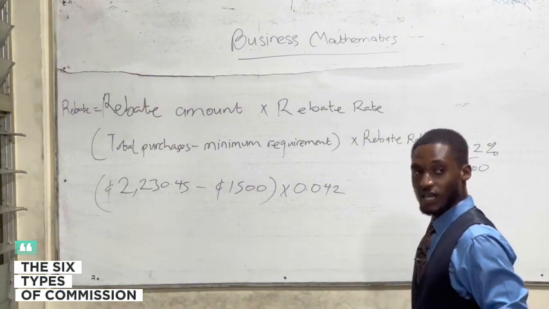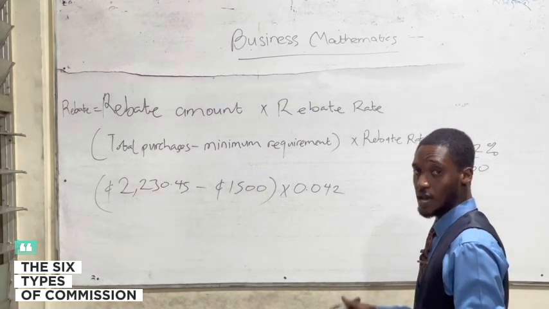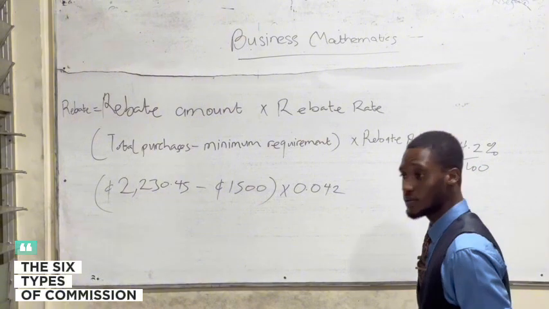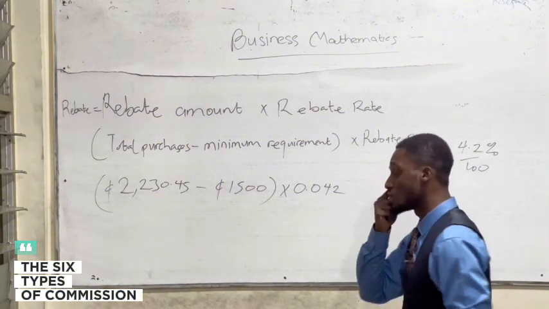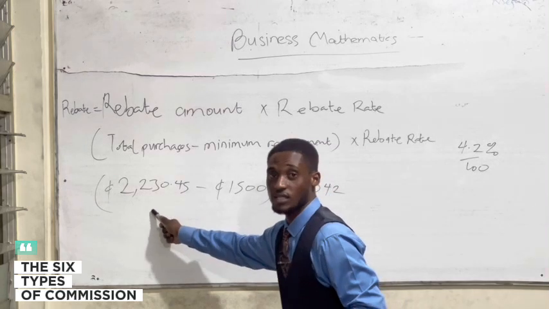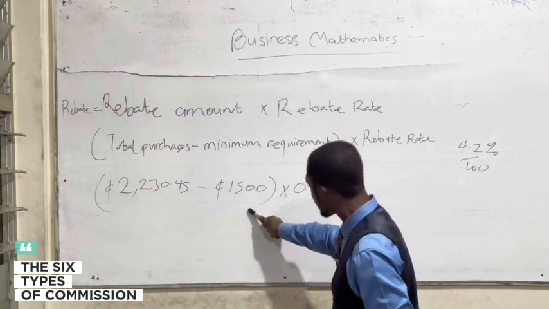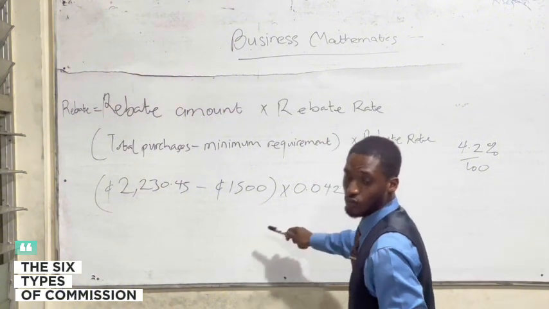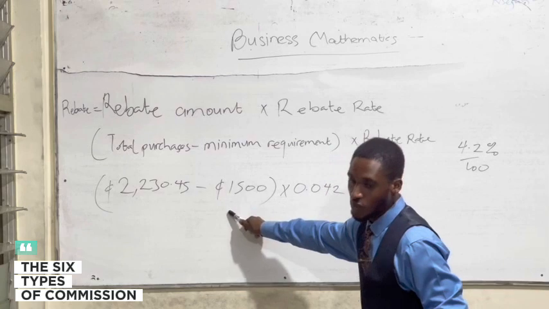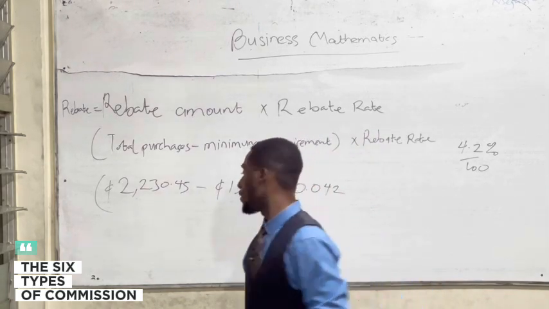This is to say that you subtract your minimum requirement from your total purchases and you multiply it by the rate given, which can also be called the rebate rate. So this was the amount for total purchases in the question, and this was the minimum requirement amount. You first have to calculate this, and when you do, you get 730.45.